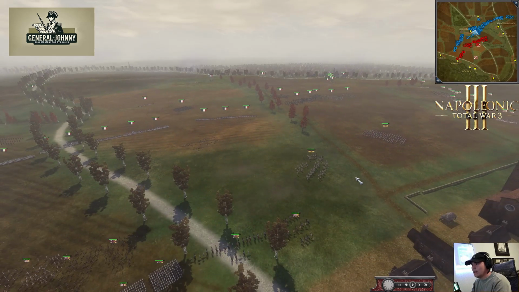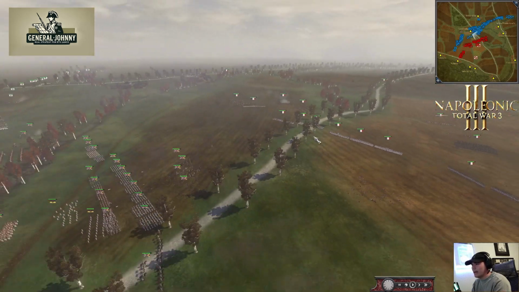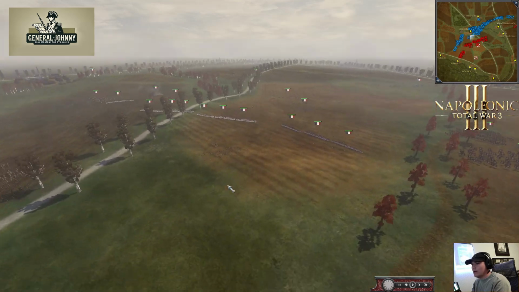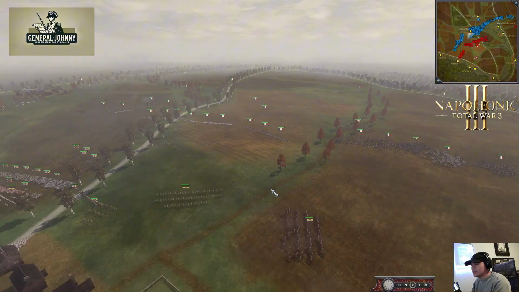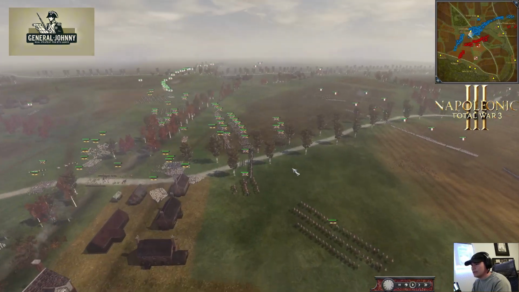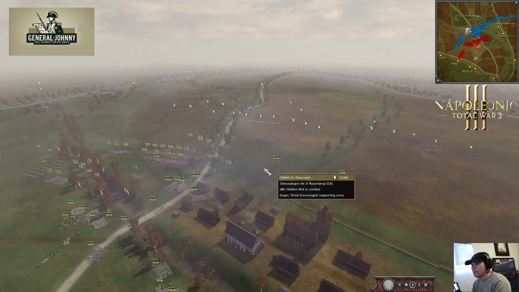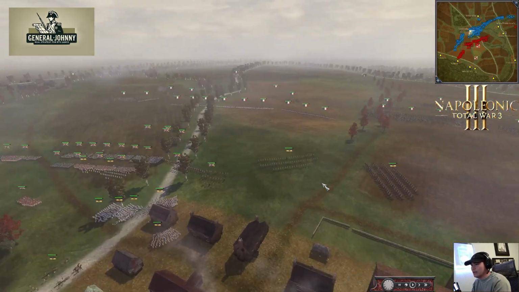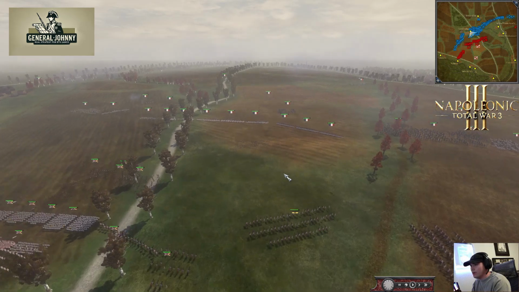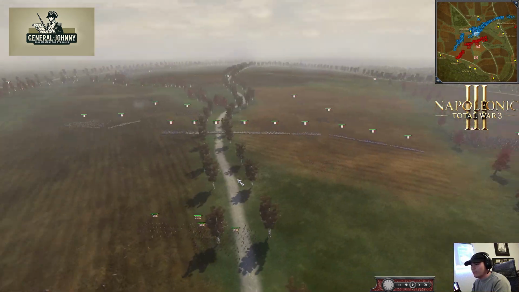You might not even see that line or even some of this cav back here. That's one of the main purposes of cav in this game: to scout forward so that you can see what's going on. Because if not, you're going to be behind the fog of war and you're not going to know how to approach the enemy.